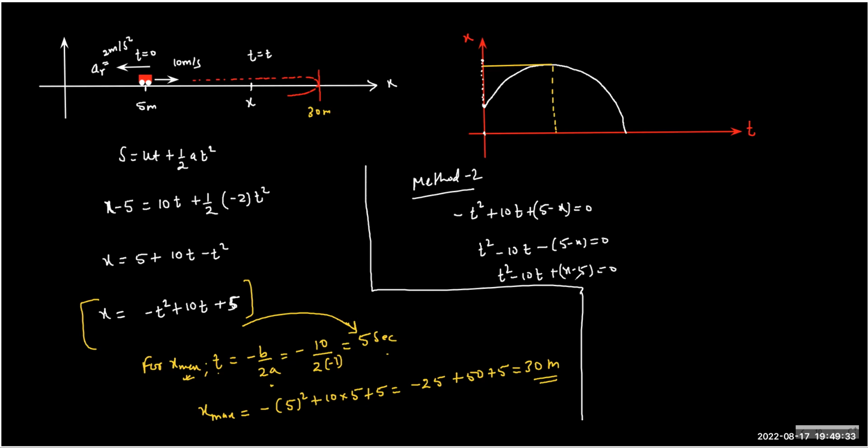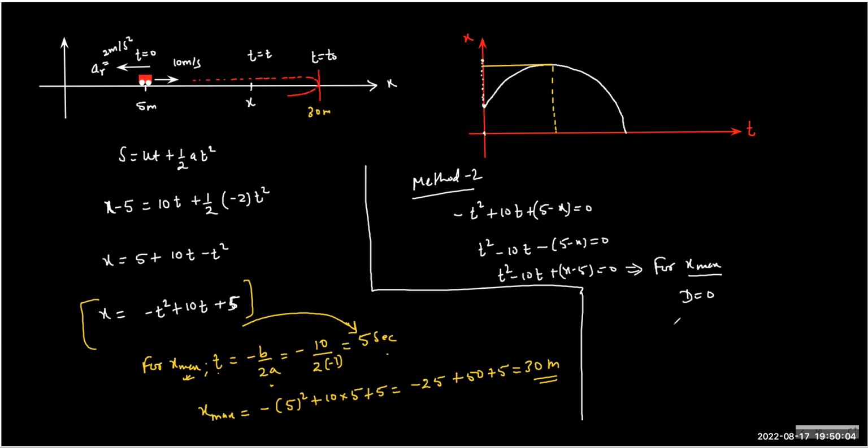And what we know is that the maximum will only happen when t will have the unique solution, correct? So you will be here at one particular instant. There are not two values of t, right? So again, for x max, we can say that discriminant must be 0, because that is going to happen only once.